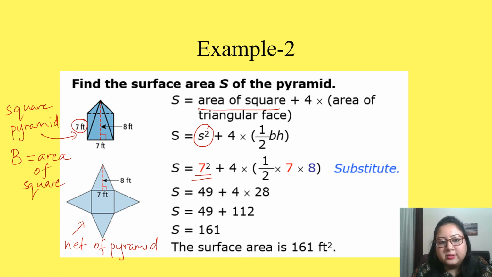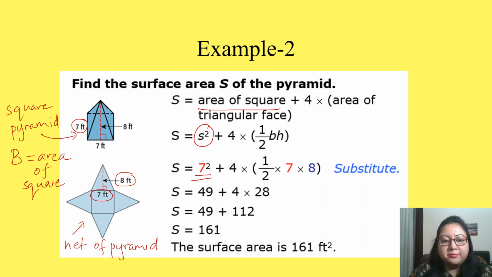For these triangles, the length of each base is 7 feet and the height is 8 feet. So you can easily find the area of each face by putting them in the formula for the area of a triangle, which is half base times height.